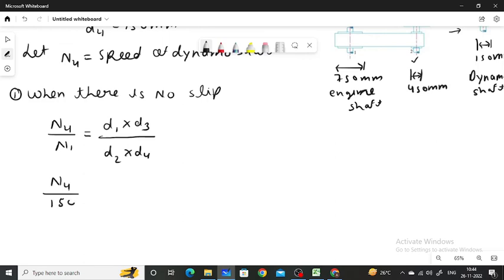N1 is given 150, diameter of pulley 1 is 750 mm, diameter of pulley 3 is 900 mm, diameter of pulley 2 is 450 mm, and diameter of pulley 4 is 150 mm.